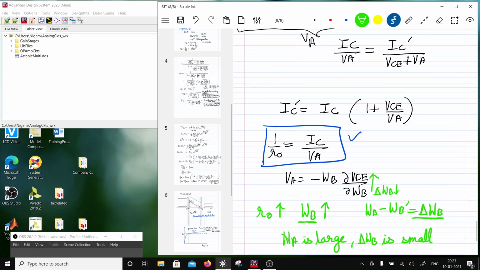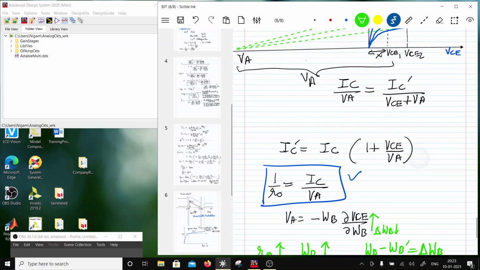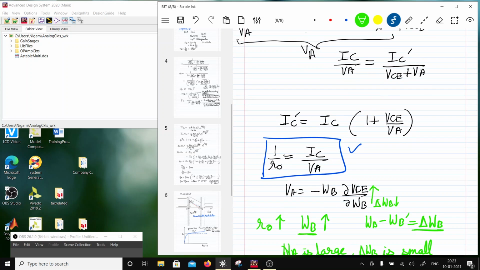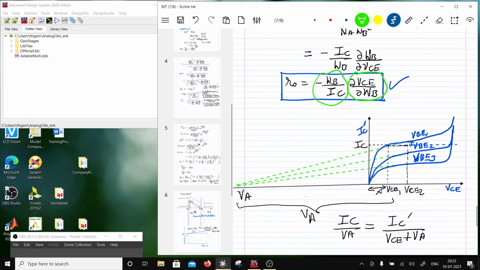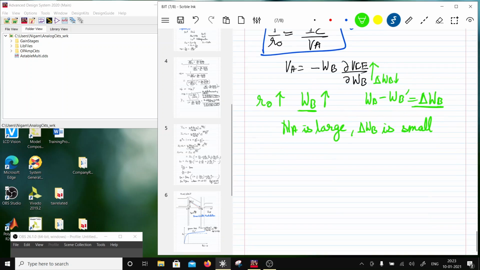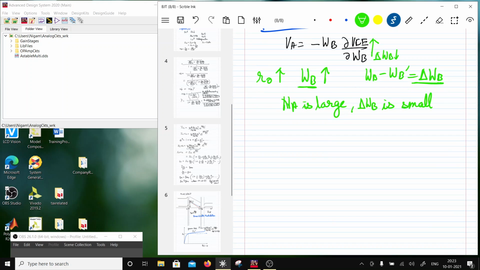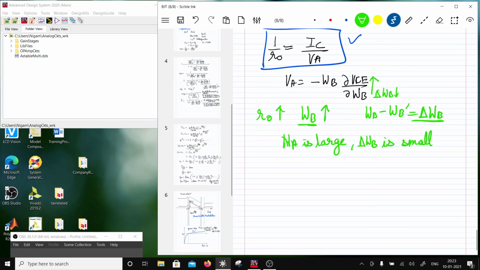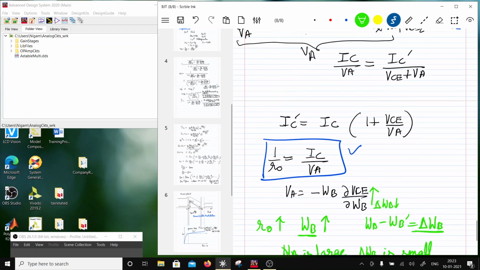So the things we have concluded: WB is not in your control. Even the doping of the base is not in your control. So you can't do much about it as a designer. The only thing which you can do is IC.